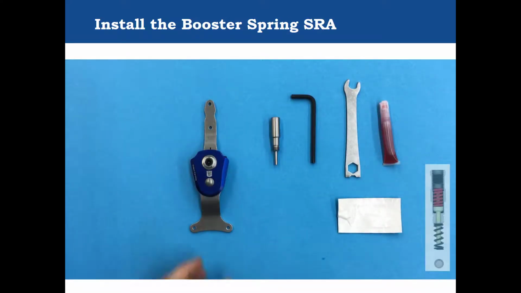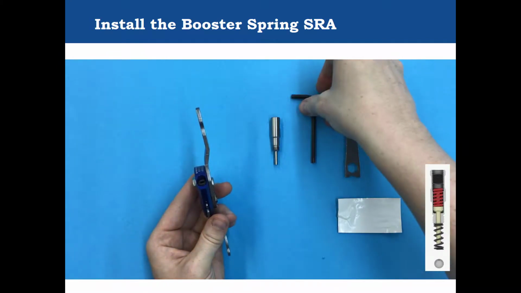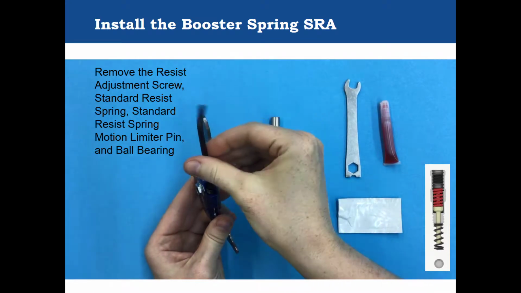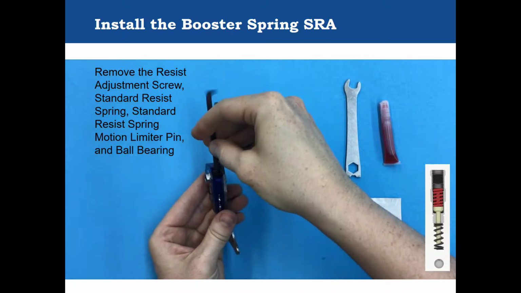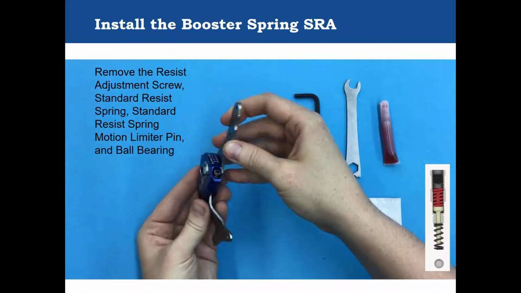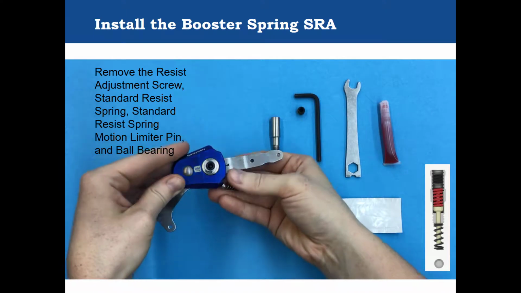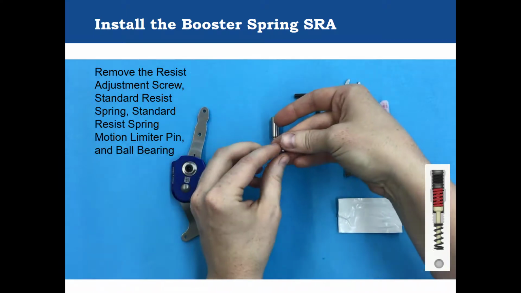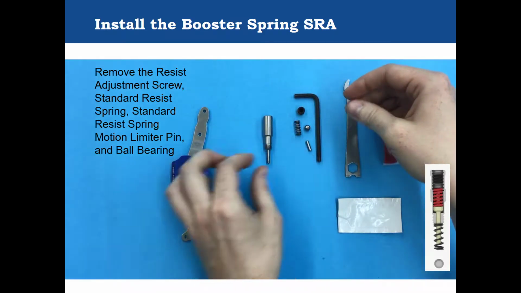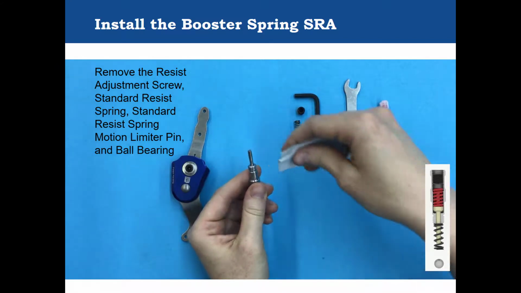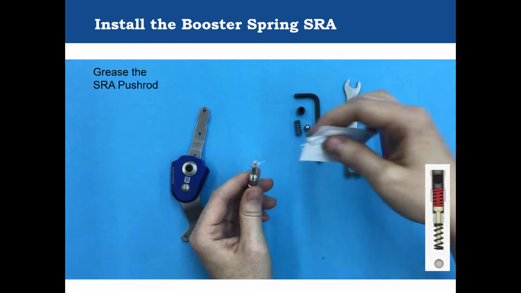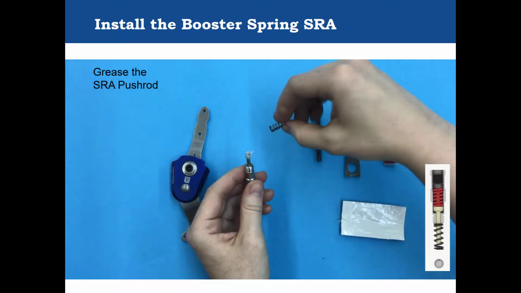This video illustrates the installation of booster spring configuration number 4. The booster spring comes with the red high-resist spring and motion limiter pin pre-installed. Use the included grease to lubricate the booster spring pin and then insert the pin through the standard resist spring.